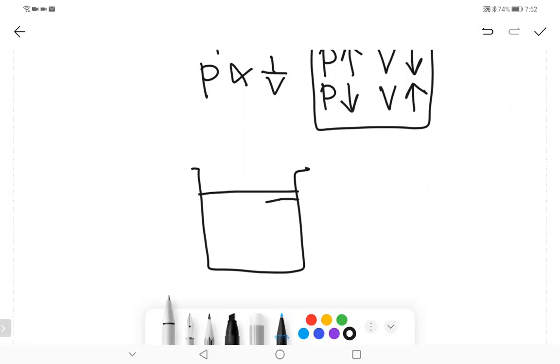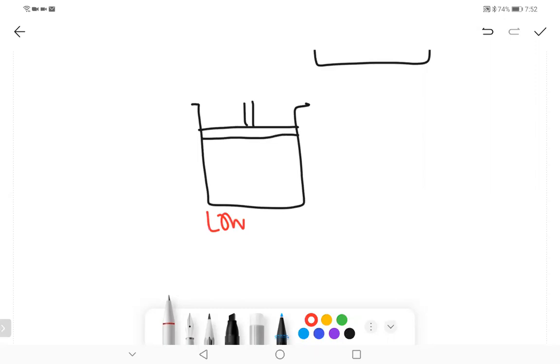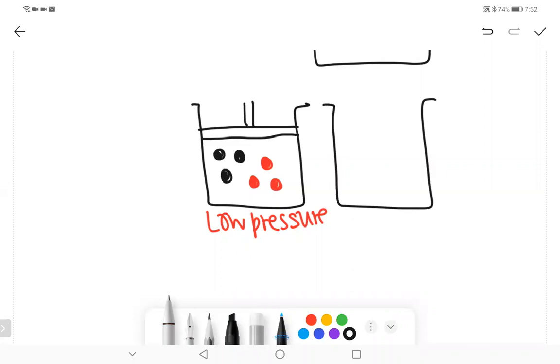So let's say I use a low pressure. This one is a low pressure, and inside here we have some particles. Now when I use a high pressure, I compress it. I press it hard to increase the pressure. This is high pressure.